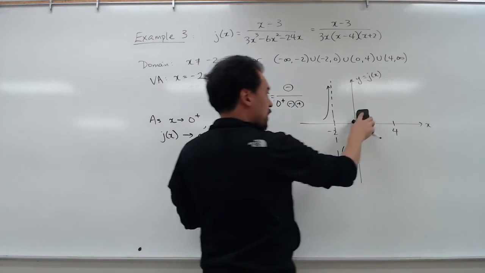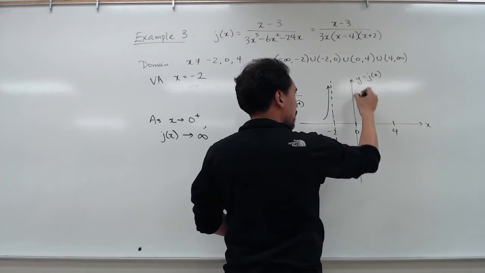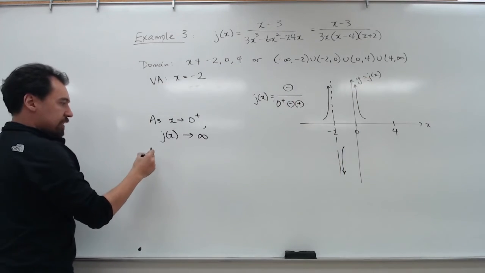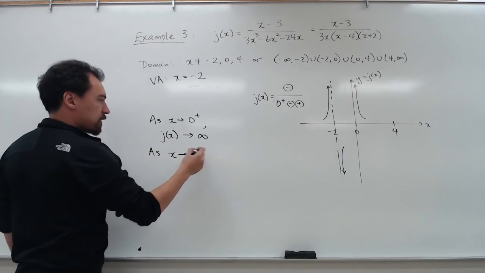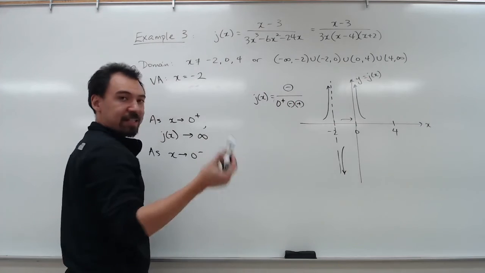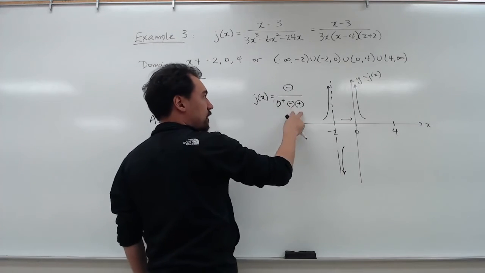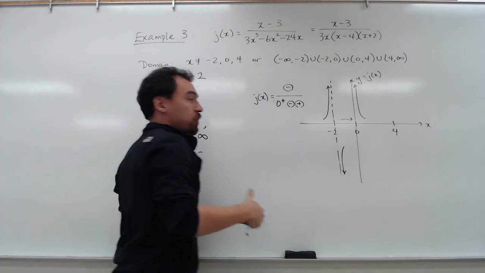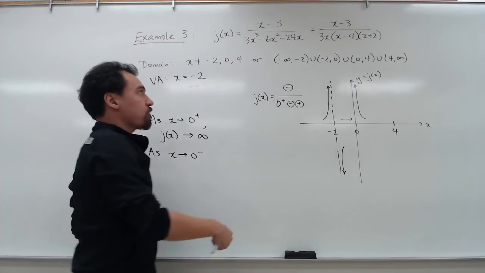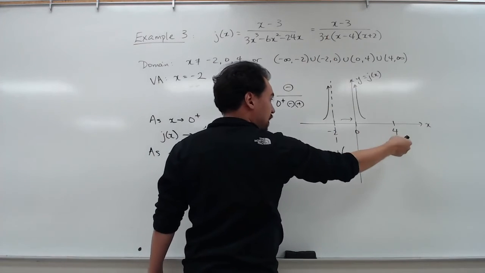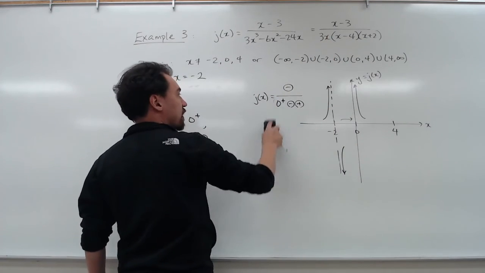So what I will have is this behavior. Then, as x approaches 0 from the negative side, I'm approaching this way, I'm a little bit less than 0 now. None of these things change because I'm still close to 0. Those are all close to whatever numbers I said they were. What changes is this, because I'm close to 0, but last time I was bigger, now I'm less than.